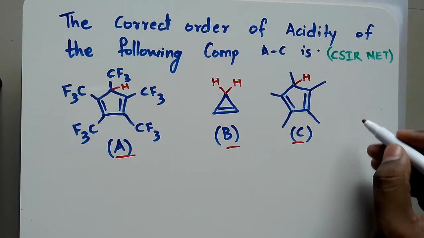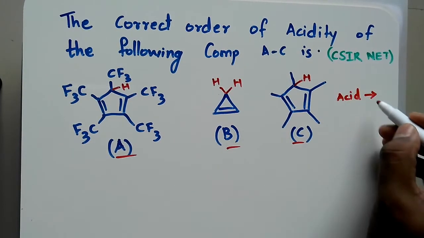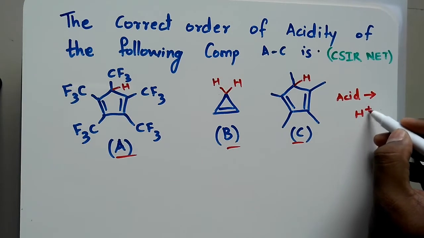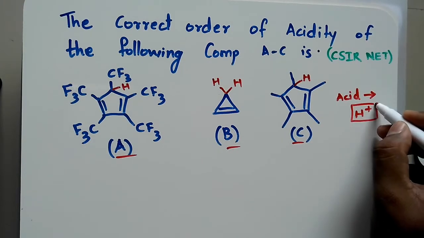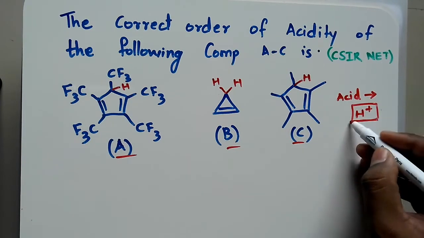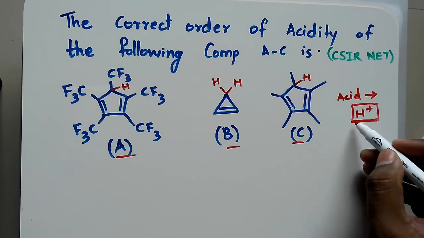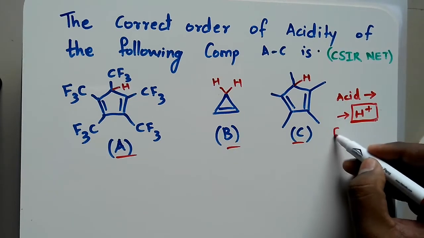Now what do you mean by acidity? If it has to be an acid, it should be an H plus donor, it should be giving H plus in the solution. That is Arrhenius theory. So if we get H plus in the solution, it will be acidic. Now which one will give this H plus easily?